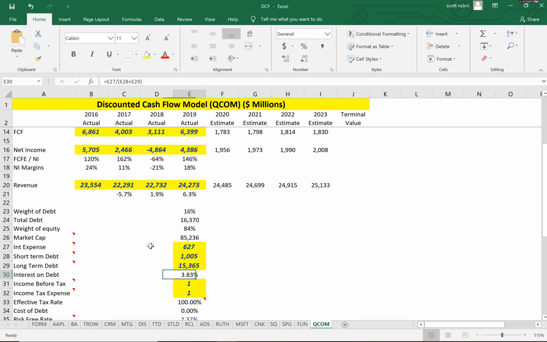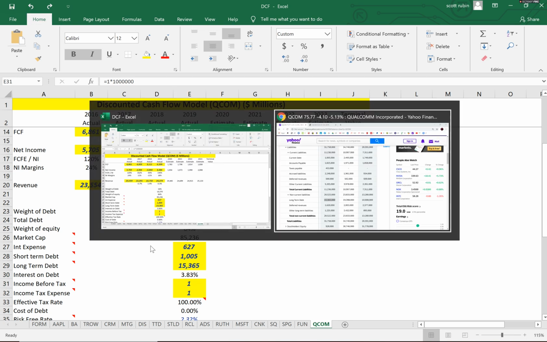So the interest on the debt is 3.83%, which looks correct. So I wouldn't question that. Obviously, if I messed up, I put 627 here instead of 627 million. See, I can kind of identify mistakes I made, but everything looks like I'm doing it correctly.